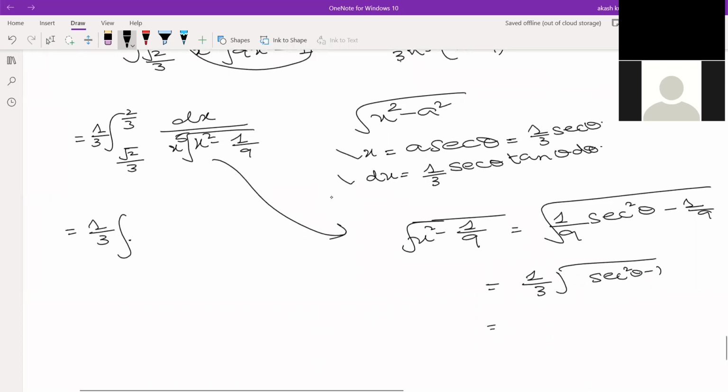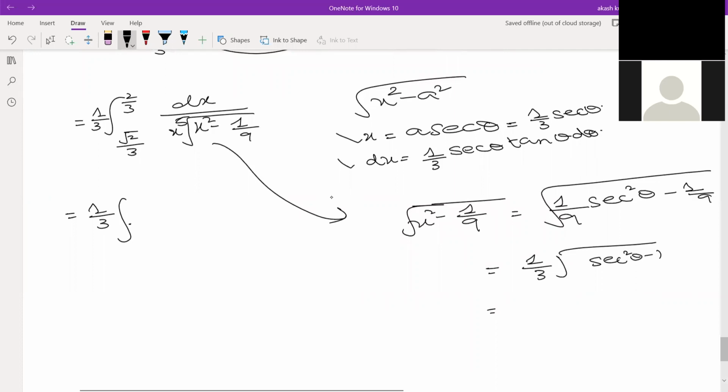And I know that sec squared theta minus 1 equals tan squared theta. Taking the square root of tan squared theta, it becomes tan theta. So this thing is equal to 1 over 3 tan theta.